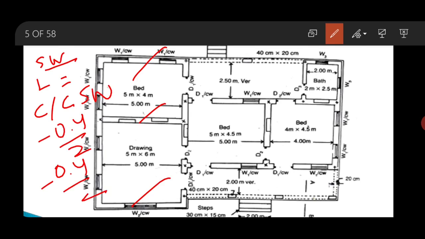So center to center length of short wall is 5.3, so this is equal to 5.3 minus 0.4. Clear? Because 0.4 by 2, we have to subtract half of the width from both the sides, that means 1 width. Clear?